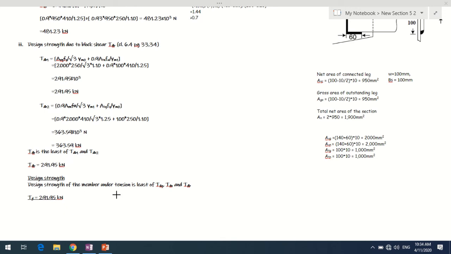That will be taken as the design strength under tension. Out of the three values, the least one is TDB, which is 291.95 kilonewtons, so that has been taken as the design strength under tension over here.